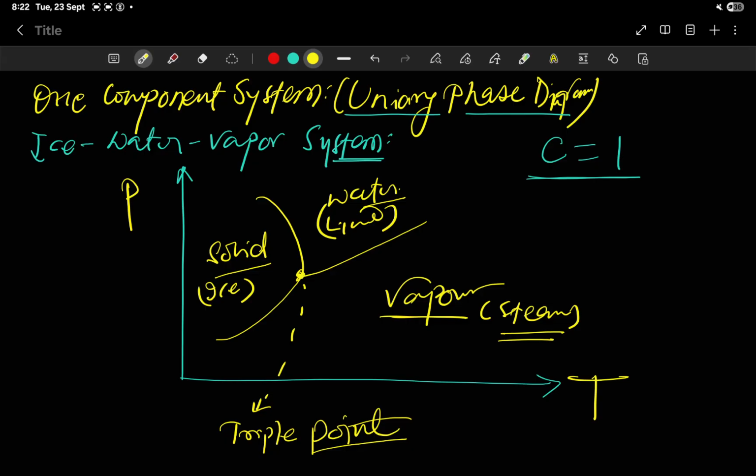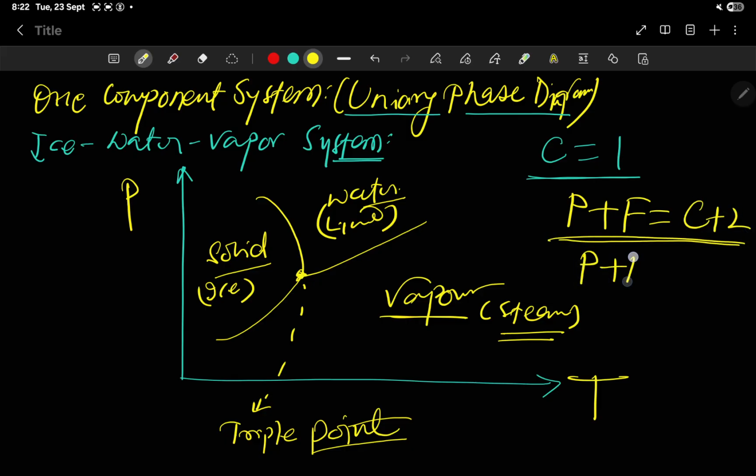water as a component. So here if we measure the degree of freedom from the Gibbs phase rule, we use the formula P plus F equals C plus 2, right? And this formula changes into P plus F equals C plus 1 when pressure is fixed, right? So from here we can calculate the degree of freedom at different locations. On this curve, degree of freedom will be 1.